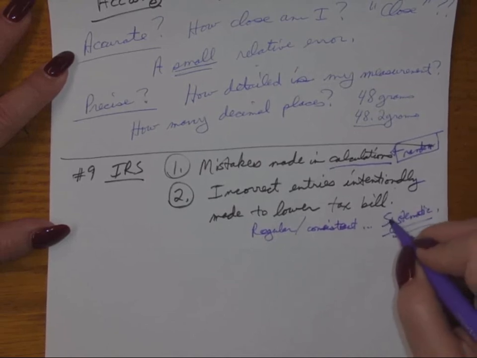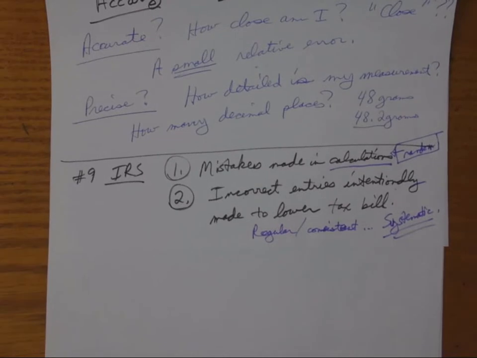Okay, we like it better whenever it happens on everyone. Not everyone cheats on their taxes, we know that, but it's still more systemic than it is random. It's certainly not random. It happened on purpose, right? Okay, so that's about it for dealing with errors, and we'll be back talking about percent.